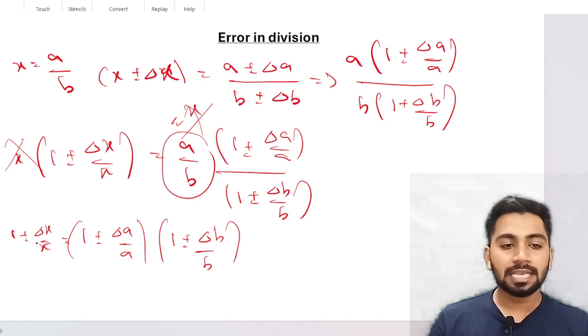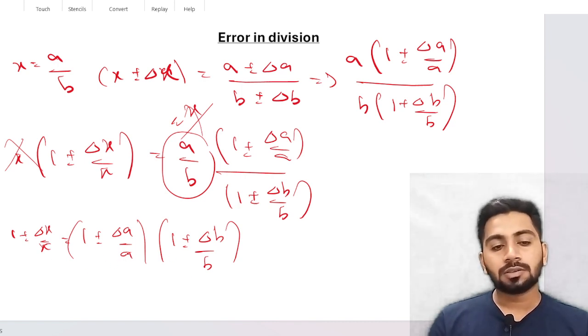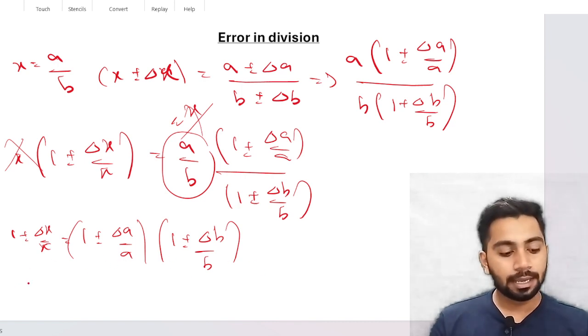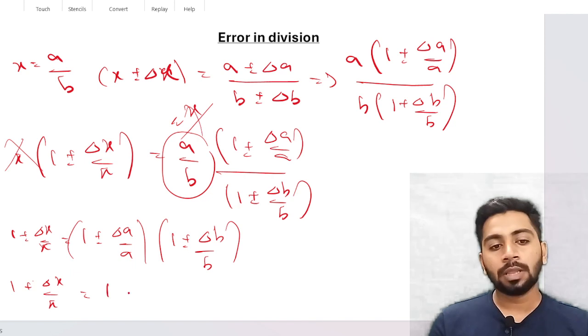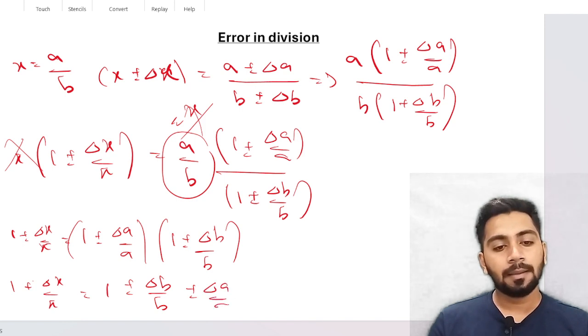Now again, multiply, sorry, cross multiply. If you keep on multiplying, 1 plus or minus error x by x is equal to 1 plus or minus error b by b plus or minus error a by a plus or minus error a by a times error b by b.